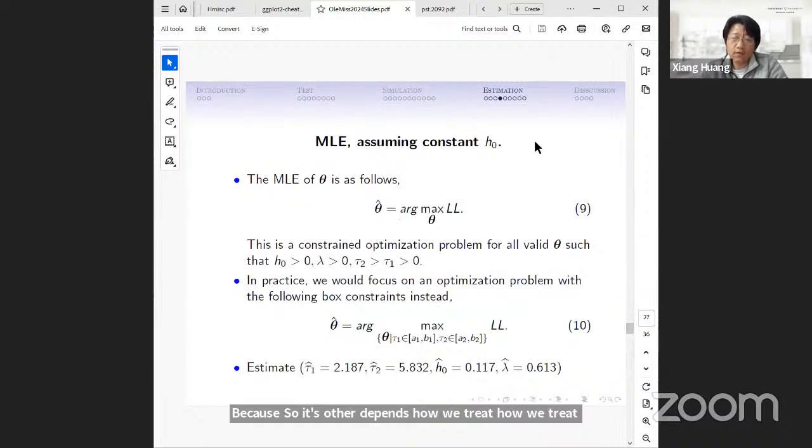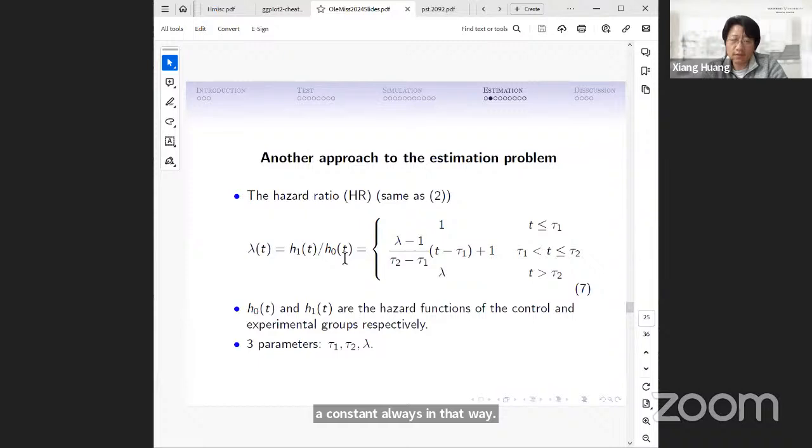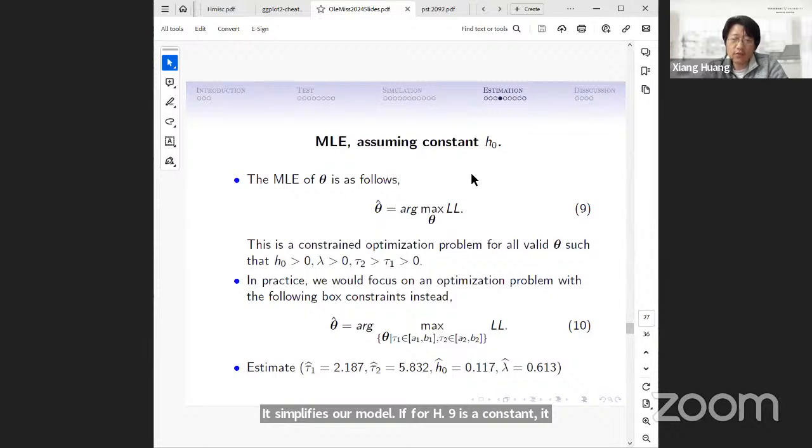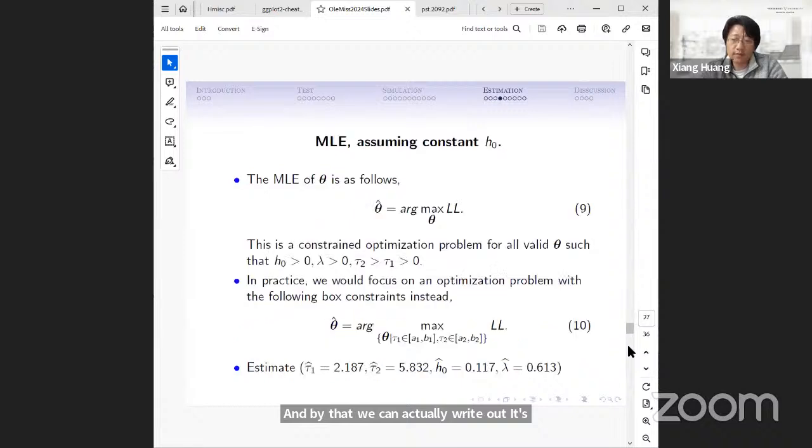A more intuitive way is to assume H naught is always a constant. In that way, it greatly simplifies our model, and we can write out its likelihood function explicitly.